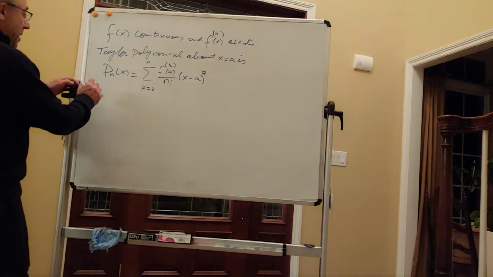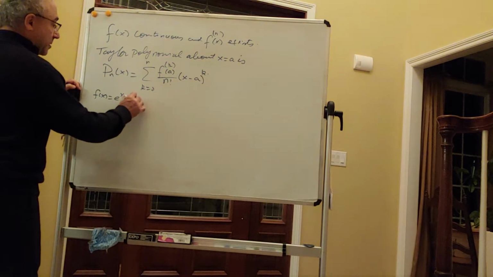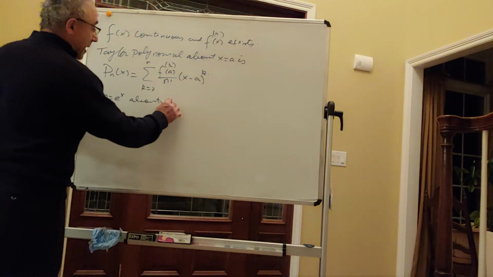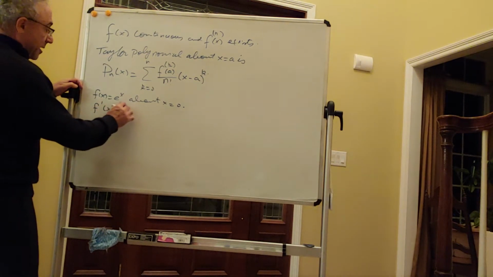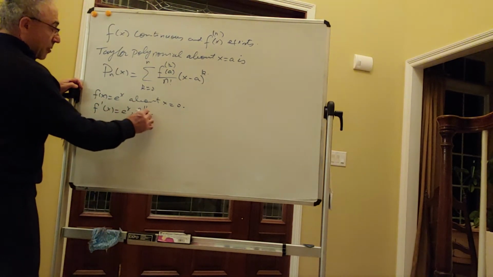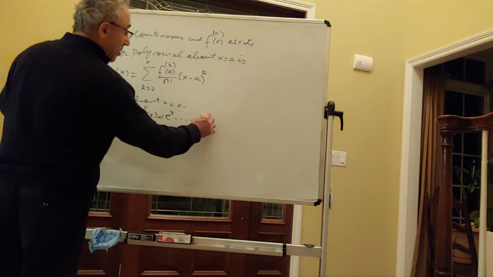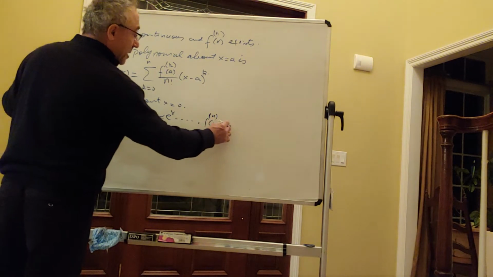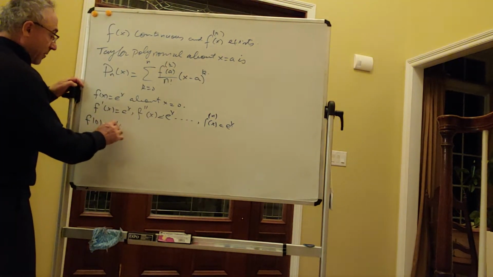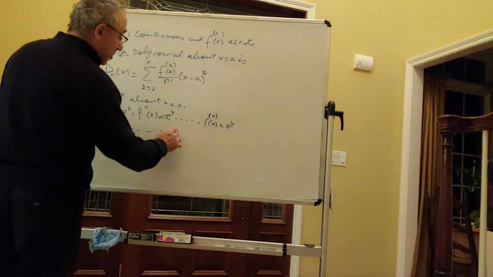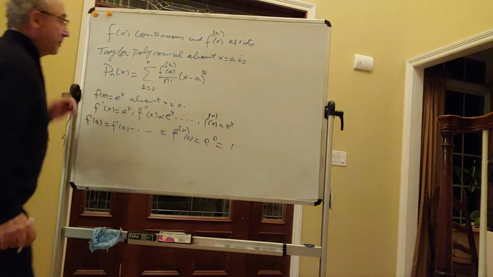For example, last time we had f of x equal e to the x, and let's do it about x equals 0. So we said f prime of x is e to the x, f second of x is e to the x, and then we know the nth derivative of f is equal to e to the x. So f of 0 equals f prime of 0 equals f^(n) of 0 equals e to the 0, which is 1.